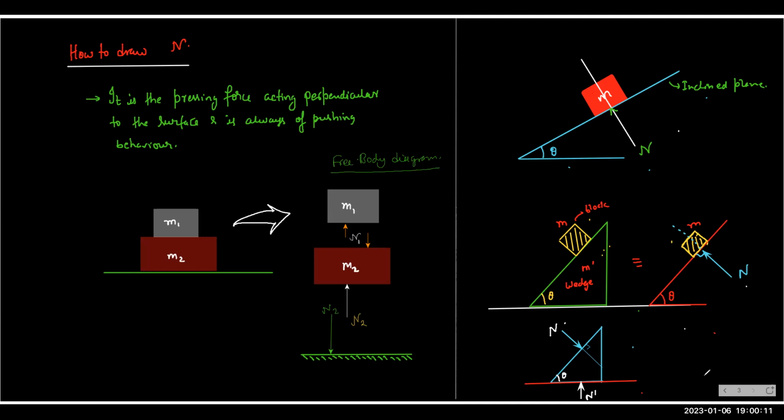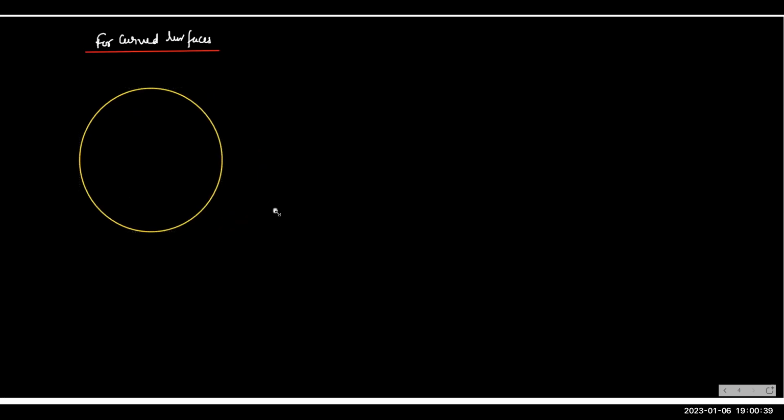Now the third thing you need to learn is drawing the normal for curved surfaces. This is very common when it comes to the chapter called circular motion, so we are going to face a lot of something like this.